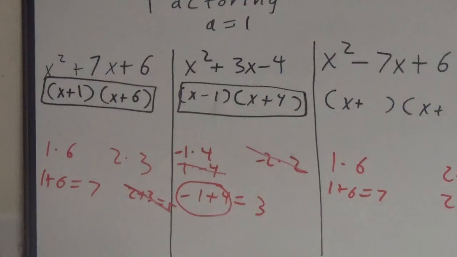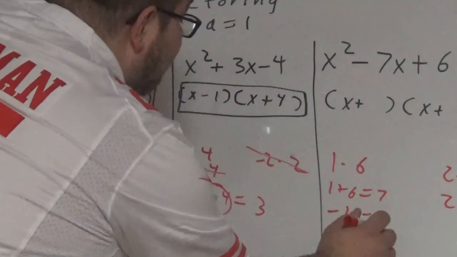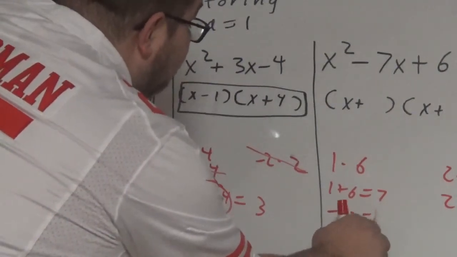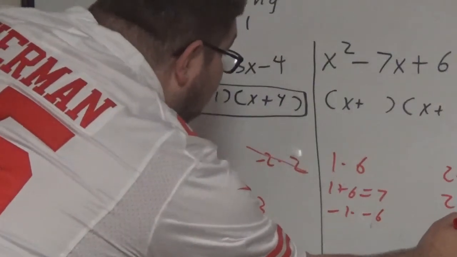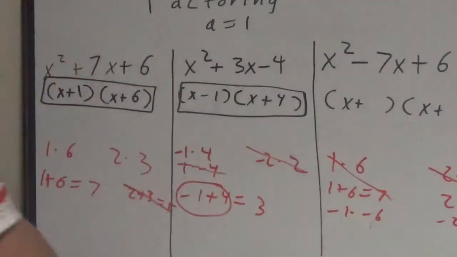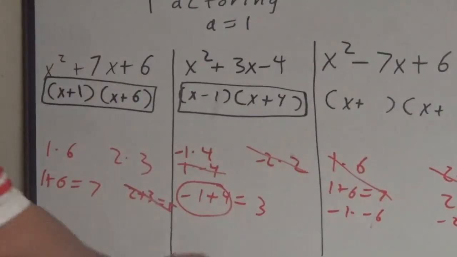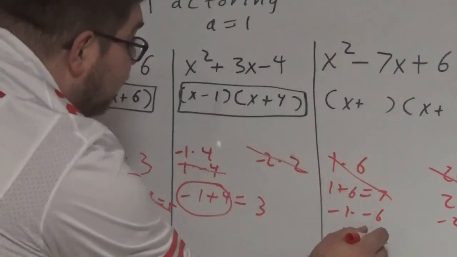So the way around that, we have to think, what will give us a negative? Remember that when we're multiplying, not only can we do a positive times a positive to make a positive, we can also do a negative times a negative to make a positive. So these aren't going to be good, so I cross them out. Well, what's -1 plus -6?